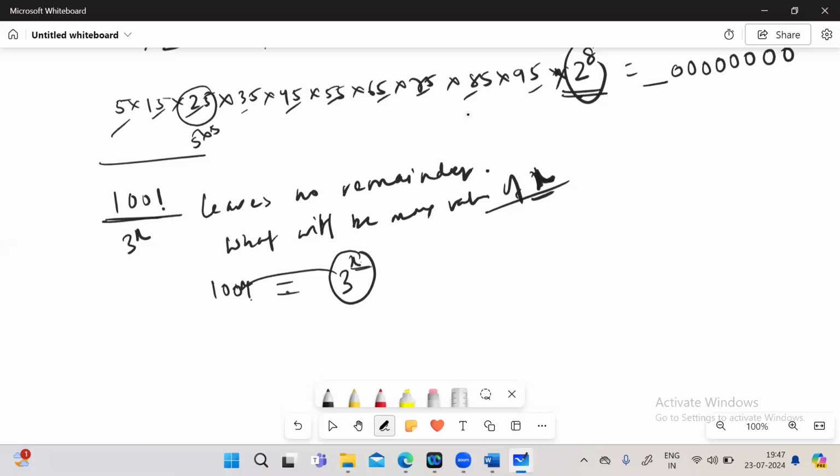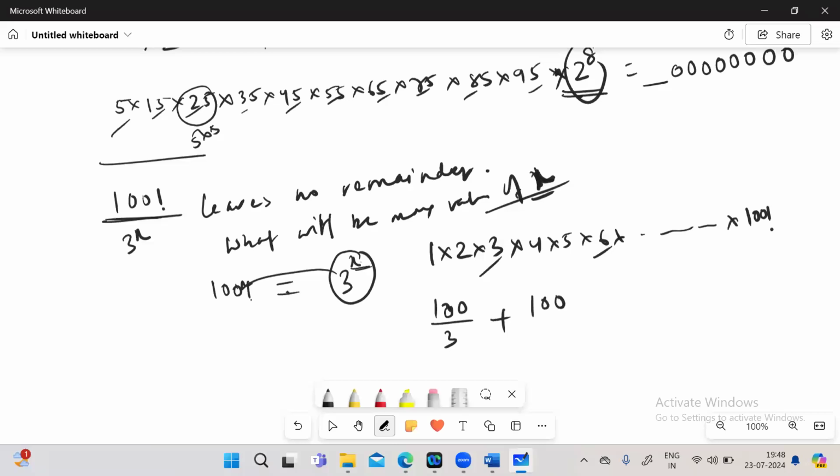So in order to find the power of 3 in a factorial, I'll visualize it like this. I know every third number will give you a 3. Then every ninth number will give you one more 3. Then every 27th, you know 3 into 3 is 9, 3 into 3 into 3 is 27.